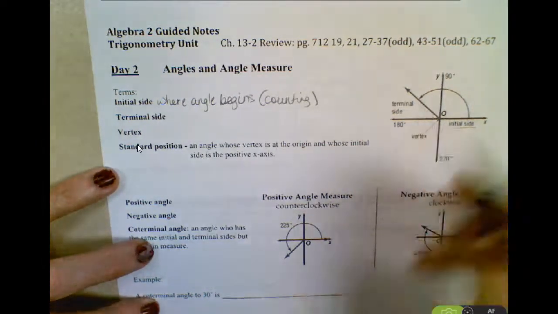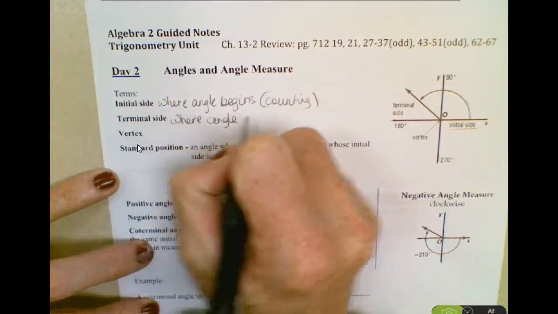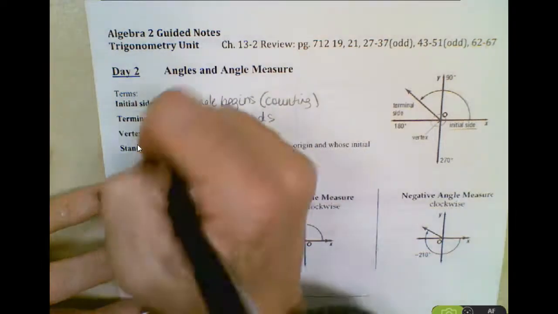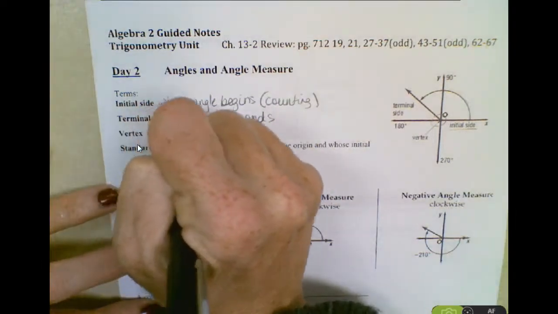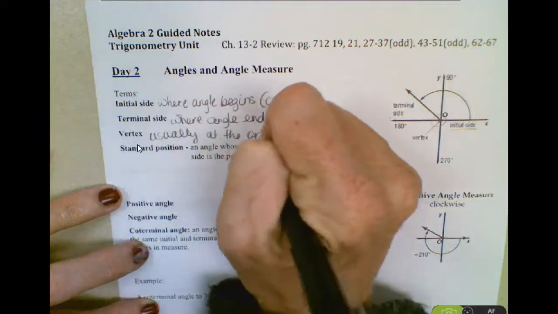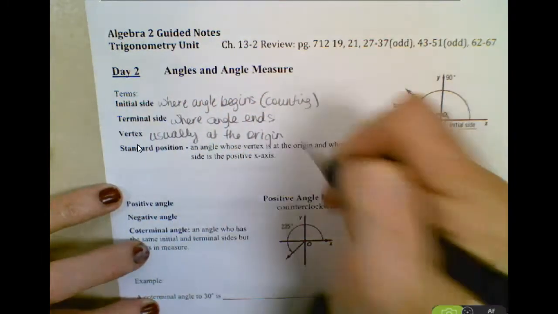So this would be the terminal side, where the angle ends. The vertex is usually going to be at the origin. And what it really is is the measure of the angle.